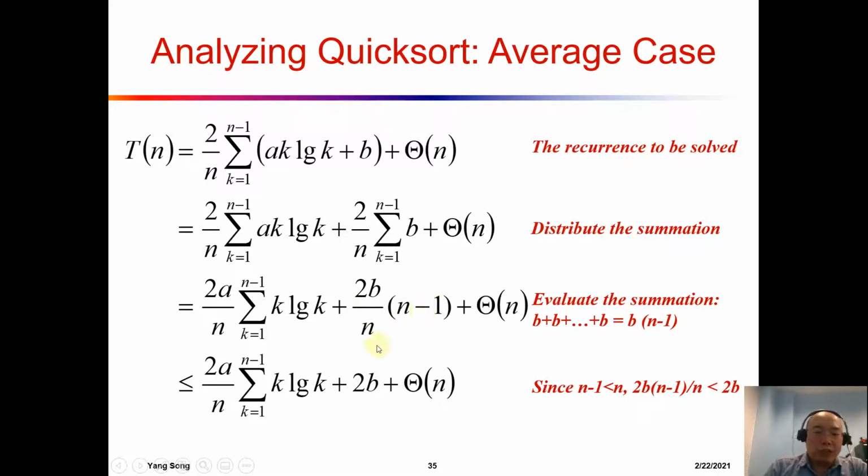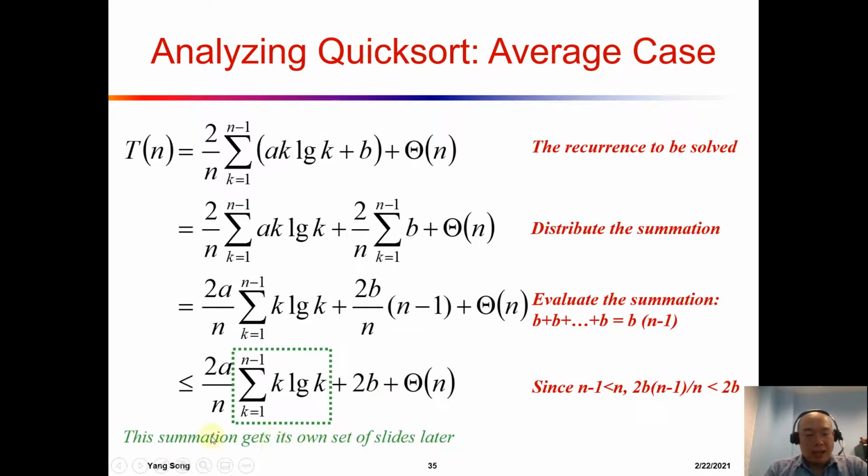So we get rid of it to make our case even easier. And this part, the sum of k log k from k equals 1 to n minus 1, is a very big part we want to solve.